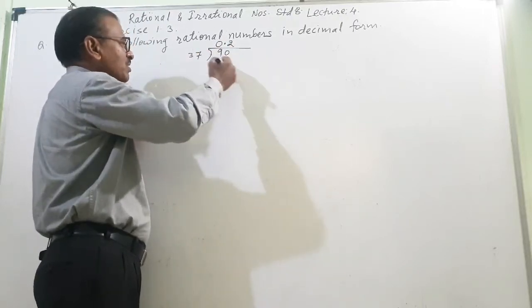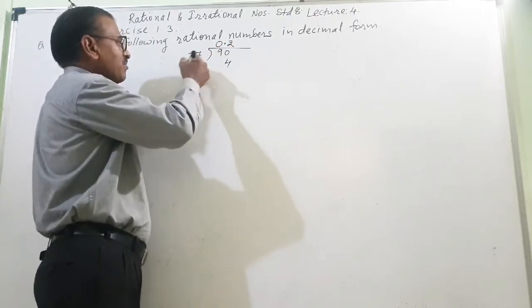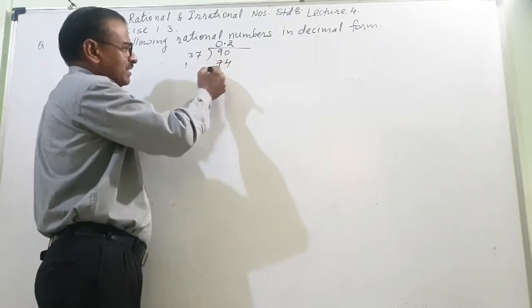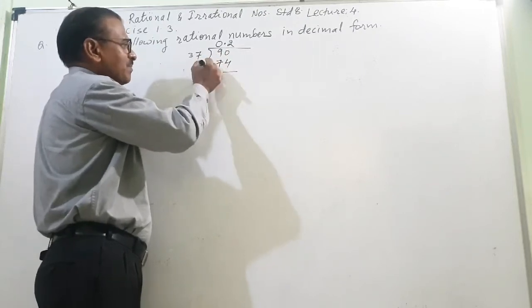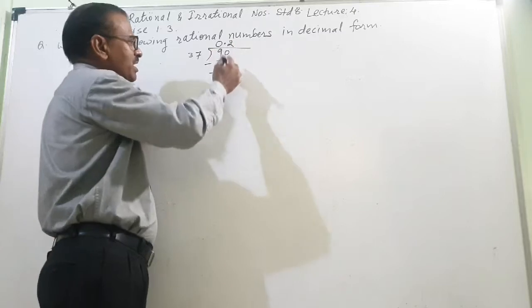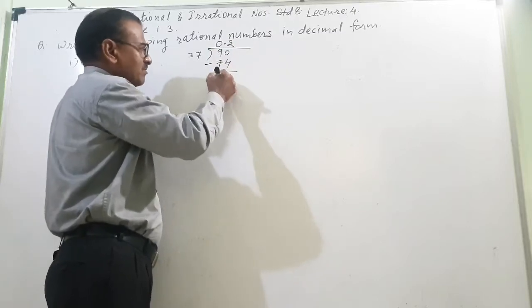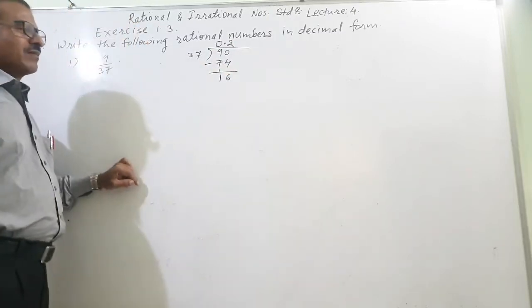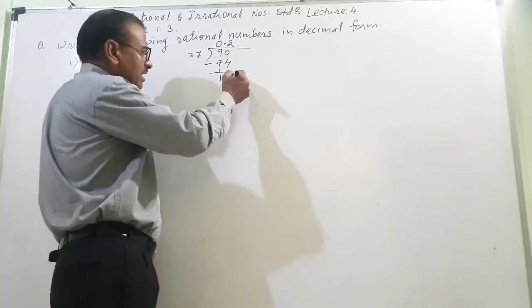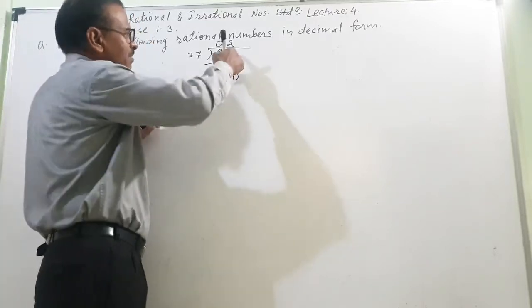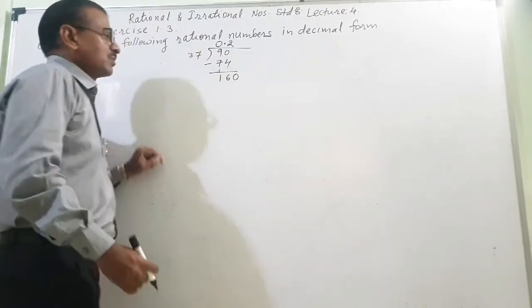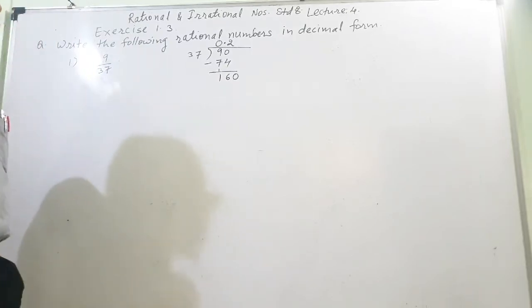So 7 twos are 14, carry 1, 3 twos are 6, 7, 74. Subtract this. So here remains 1, 6. Now take another 0.